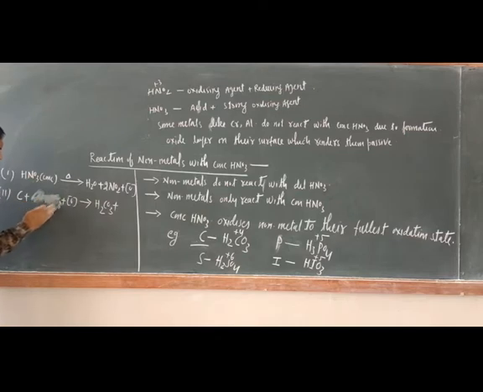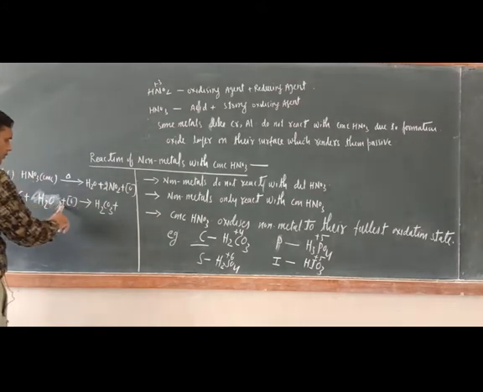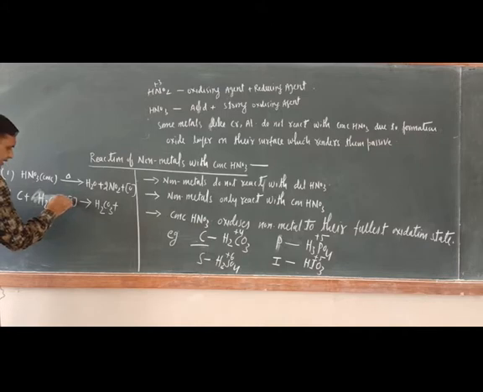Here HNO3 will not be there, H2O will be there. So now the product is H2CO3. Here the number of nascent oxygen should be 2. Now just check whether the reaction is balanced or not. Yes, the reaction is right.